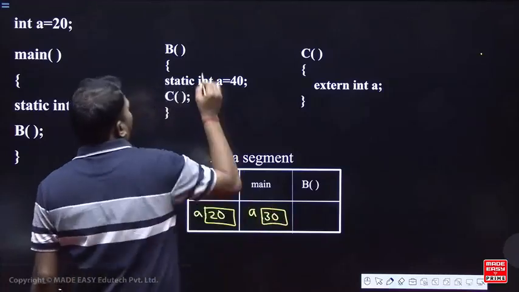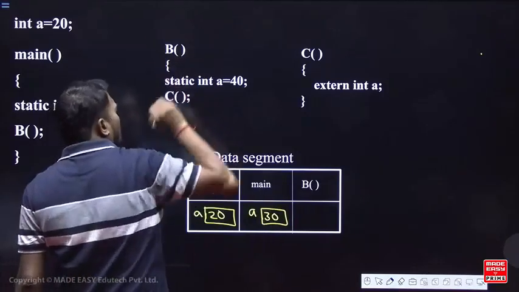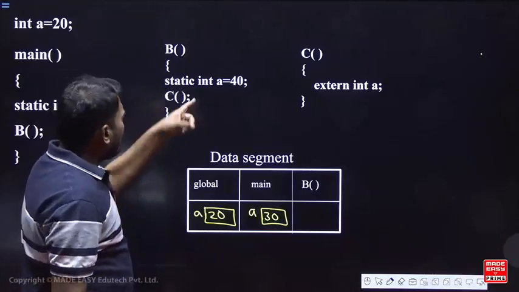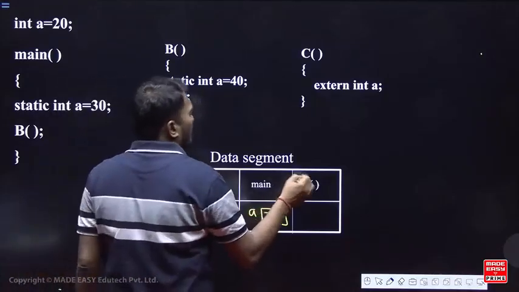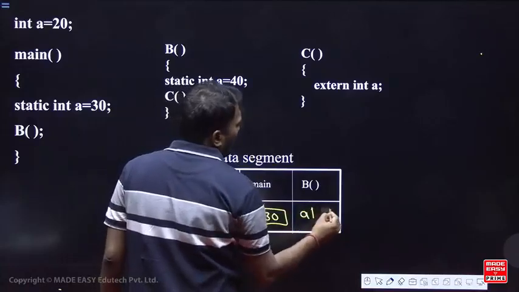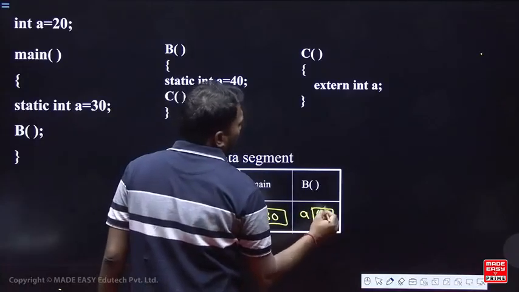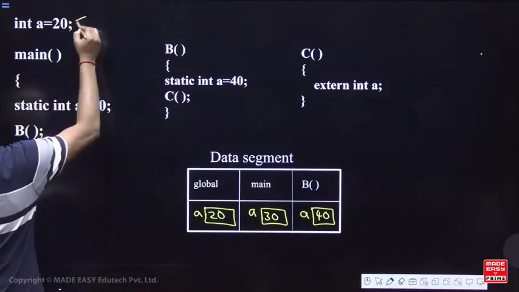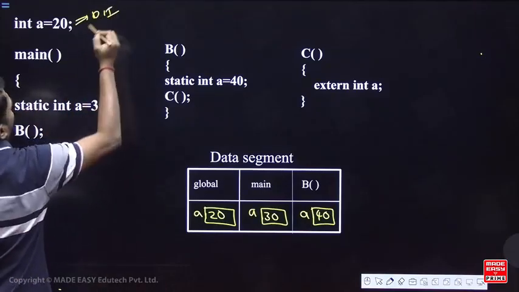Next, the data segment of function b. b also has a static variable, so the b function data segment will be separate. In this also you have variable a, which is 40. Now tell me, what is this called? Declaration and initialization.